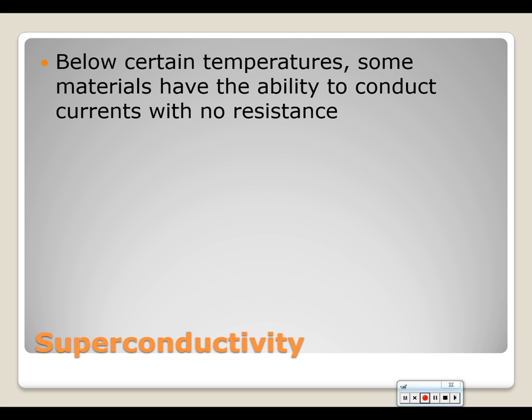Okay? And I think that shows up at the bottom of your page, but it's nothing really to write down. So, below certain temperatures, some materials have the ability to conduct current with no resistance. This is a situational thing. There are no such things as superconductors that exist all the time. It's based on certain conditions, okay?